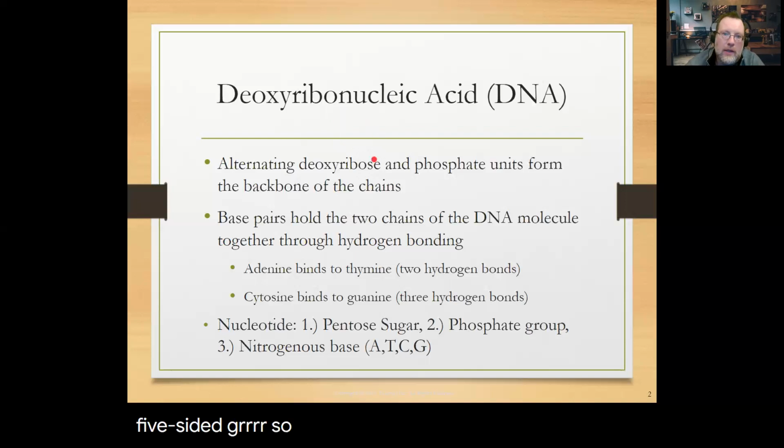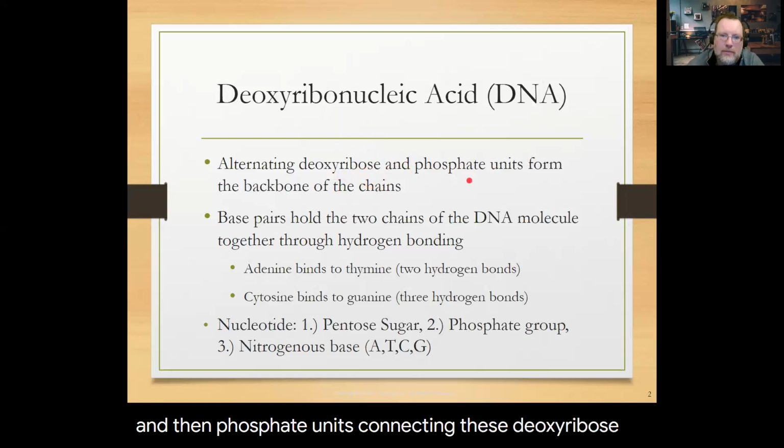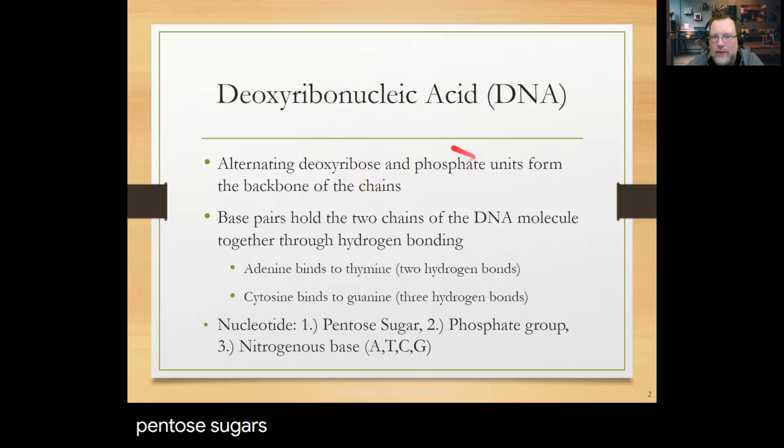So anyway, OSE, indicative of a carbohydrate. And then phosphate units connecting these deoxyribose pentose sugars together. So we'll look at that in a few minutes. That forms the backbone of the DNA.